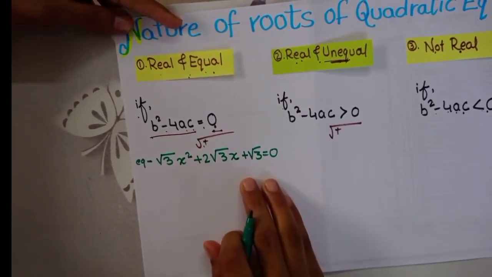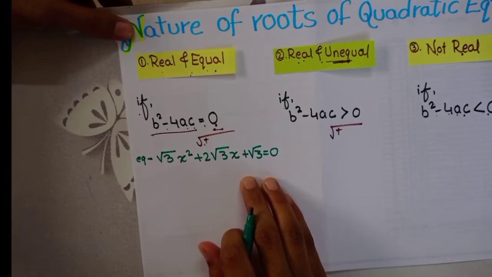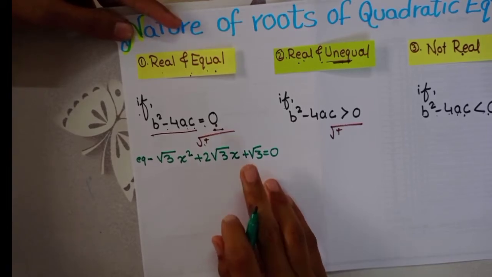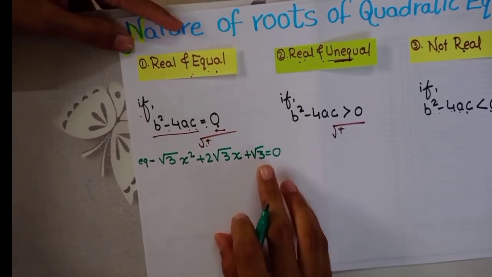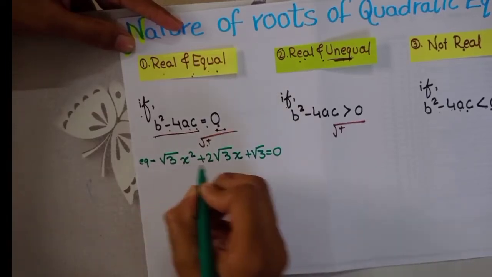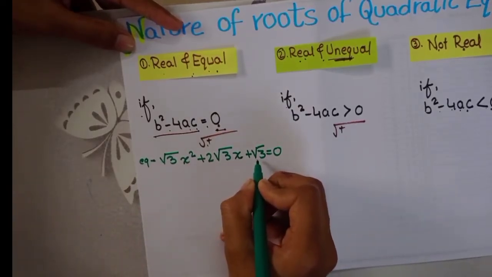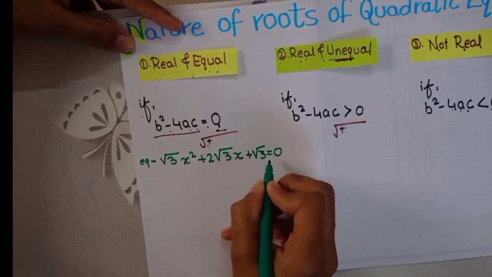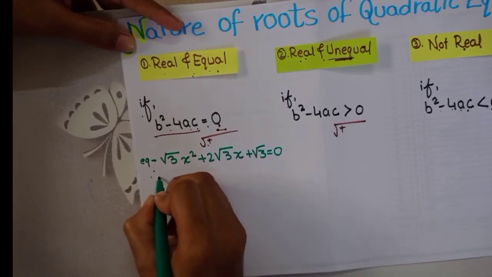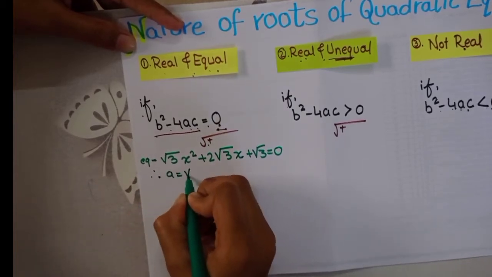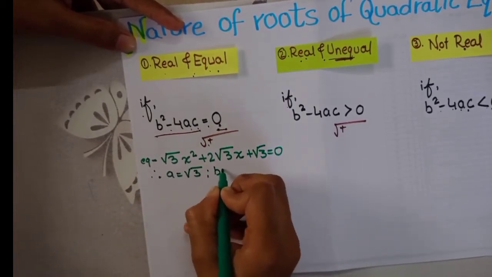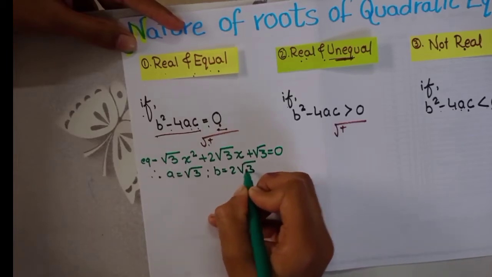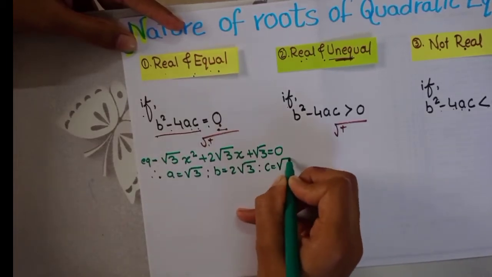The question is to identify the nature of the roots of the given quadratic equation. We compare it with the standard form, ax square plus bx plus c is equal to 0. Therefore a is equal to root 3, b is equal to 2 root 3 and c is equal to root 3.